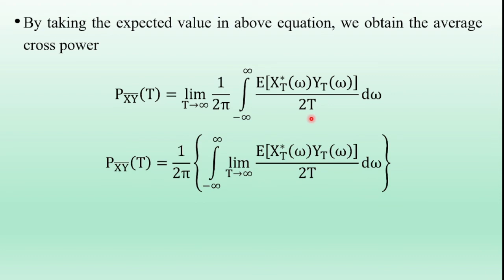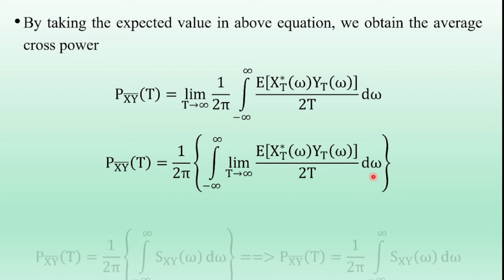Interchanging the order of limit and integration, the right-hand side is 1 by 2 pi times the integral from minus infinity to infinity of the limit as T tends to infinity of the expectation of X_T conjugate(omega) Y_T(omega) divided by 2T, d omega.